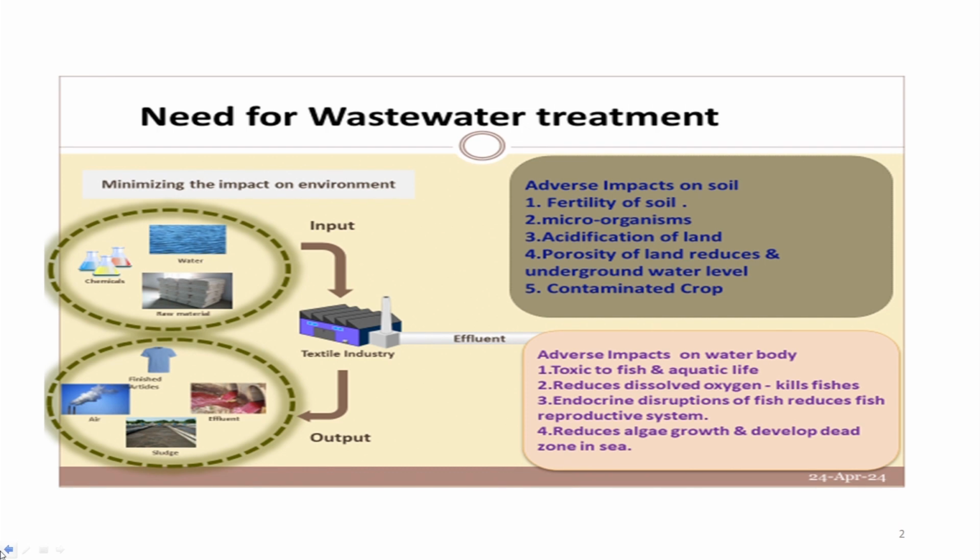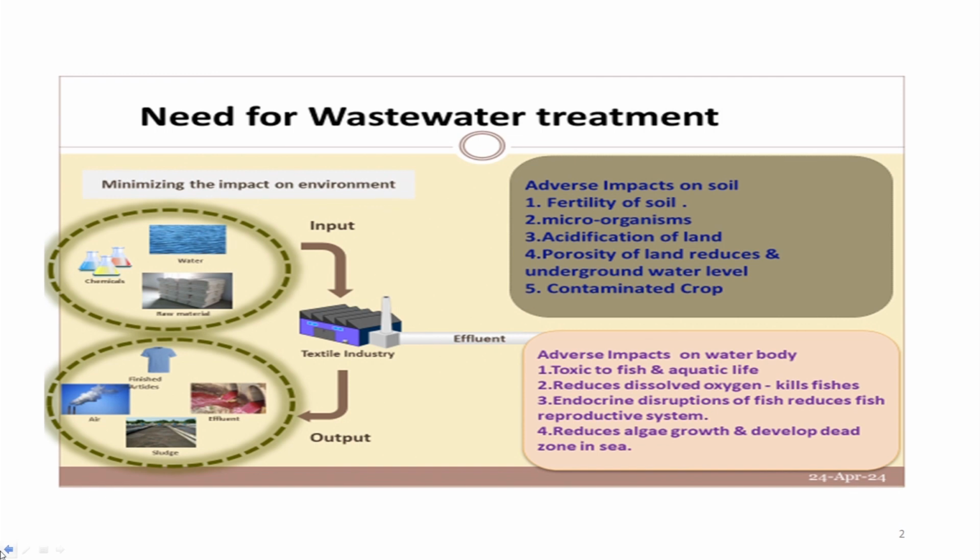Now, adverse effects on the water bodies also we have learnt. Toxic to fish and aquatic life, reduces dissolved oxygen, thereby killing the fishes. Endocrine disruption of fish reduces fish reproductive system and reduces algal growth and develops dead zones in the sea and water bodies.